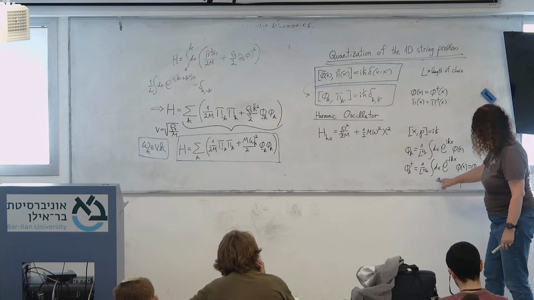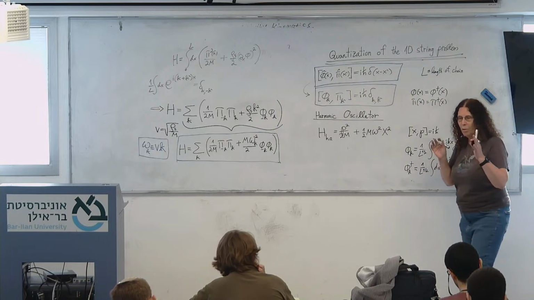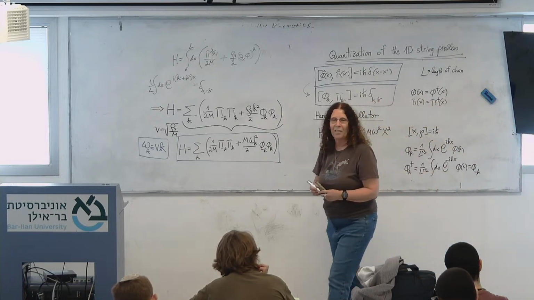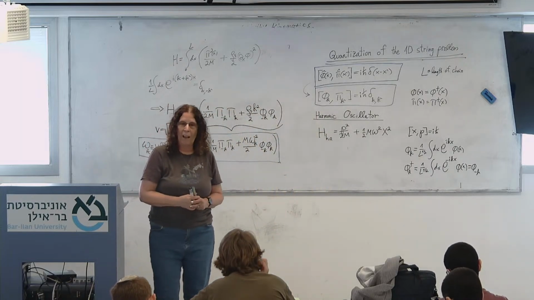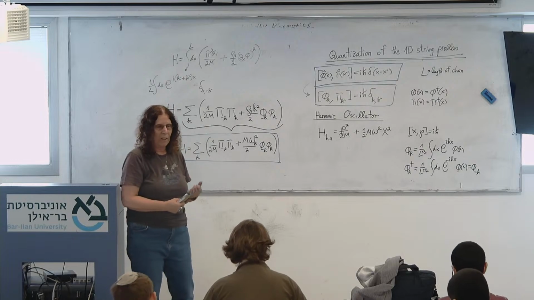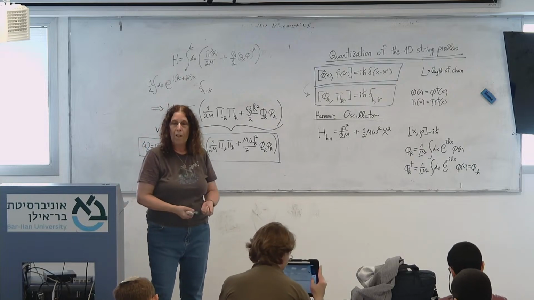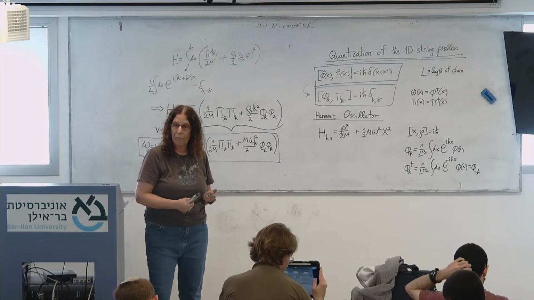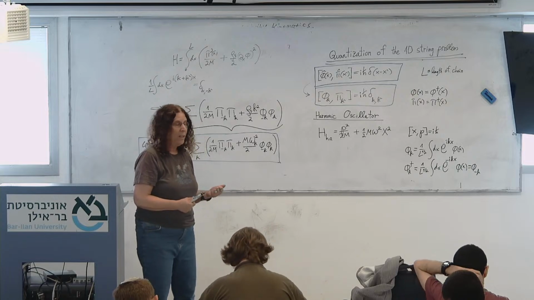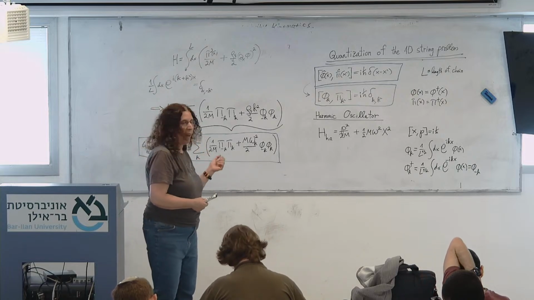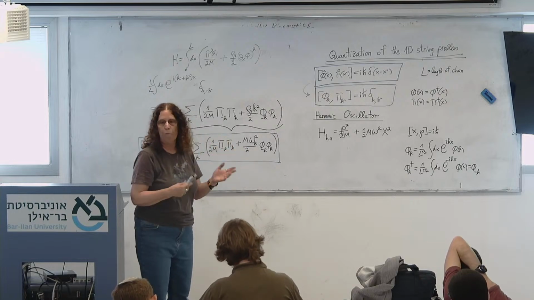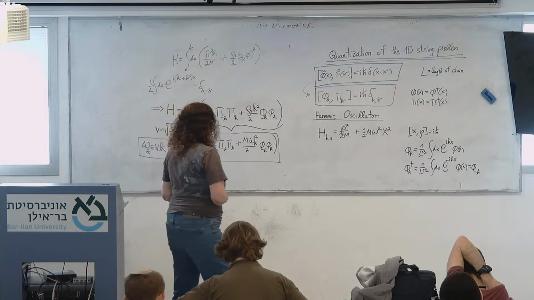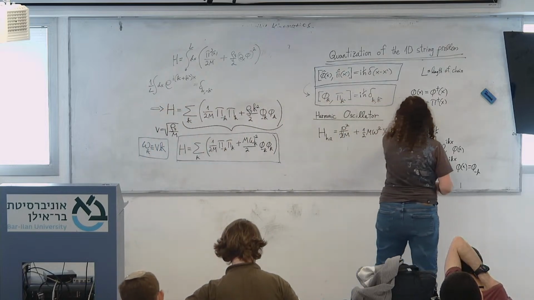Actually, this is a formula that you want to remember if you are awakened at 2 o'clock in the morning, as we said, which is that every time we have a local operator that is Hermitian, its Fourier transform obeys that phi k dagger is phi of minus k. And the same, of course, is true for pi.